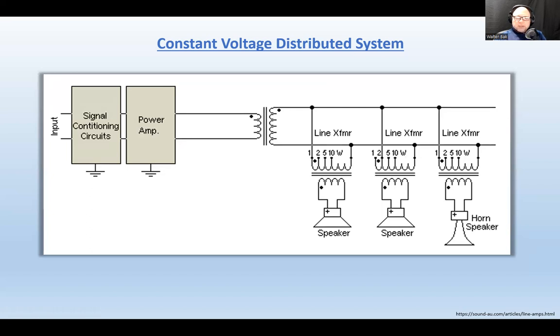So then here's the constant voltage system that has been established. What does it mean? It's a constant voltage system. Well, for the most part, we distinguish something that's called 25 volts or 70 volts systems. Right? Here is the line that goes all the way through, let's say, from one end of the hallway to another end of the hallway, okay?